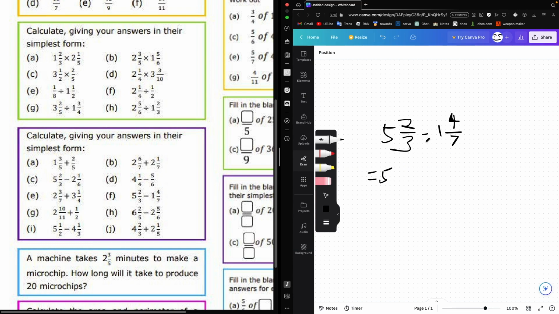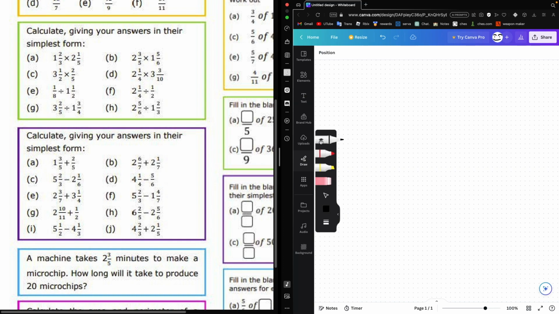So 5, 3 times 7, 21, 2 times 7, 14, minus 1, 7 times 3 again, 21, 4 times 3, 12, which also equals 5 minus 1 first, 4, 14 minus 12 is 2 over 21. This cannot be more simplified.